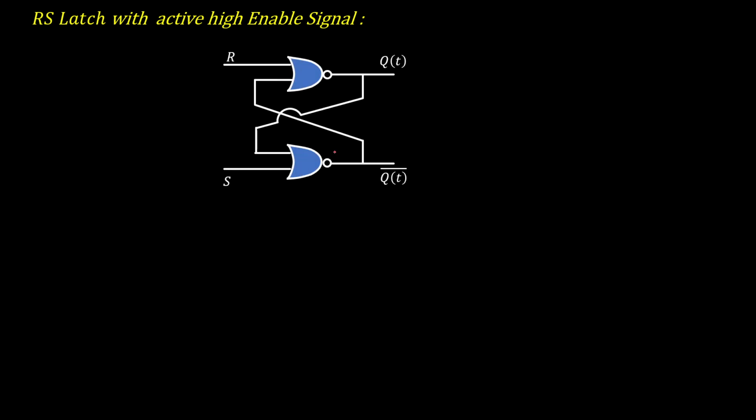Now we will make an SR latch with active high enable signal. For that purpose we will use simply the RS latch. This is the circuit for RS latch. Now we will use 2 AND gates at the input, and inputs to the AND gates are R and S. Now what should be the other input?